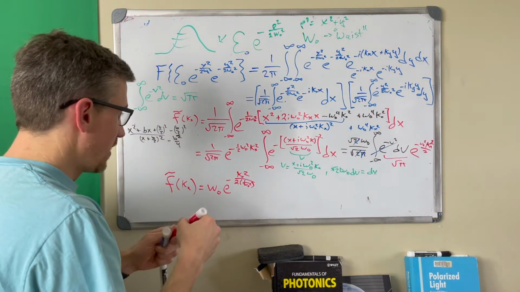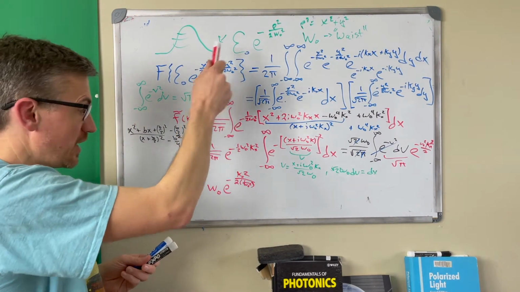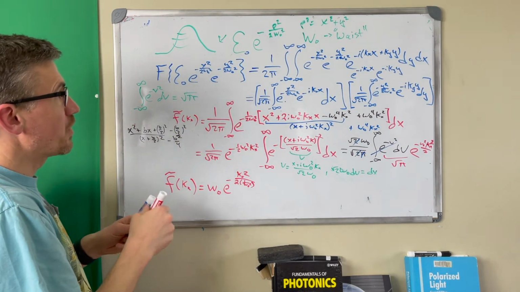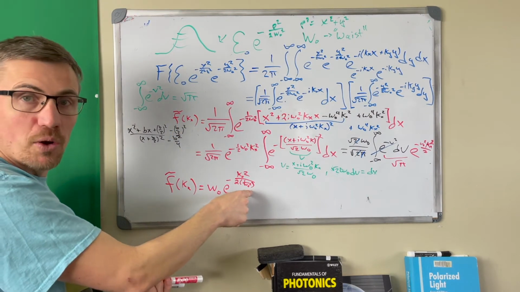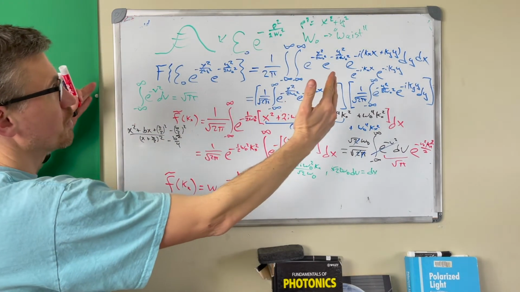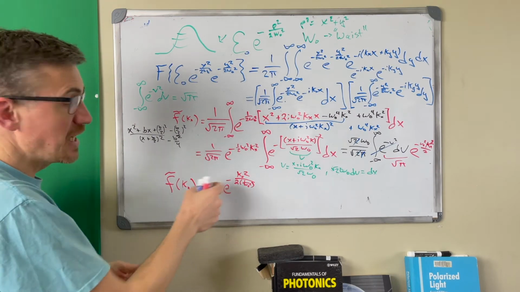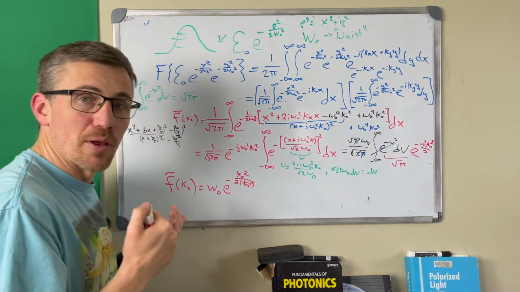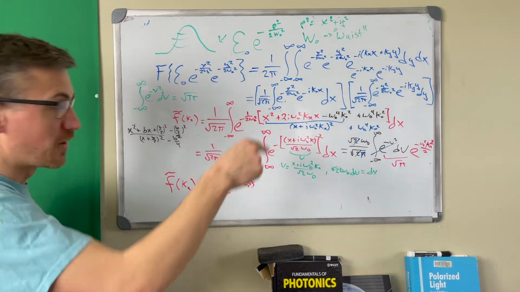Okay? This is actually just another Gaussian. The Fourier transform of a Gaussian function is a Gaussian. The width of this is w naught squared. The width of this one, if we look at it, is 1 over w naught squared. It's inversely proportional. So the wider the Gaussian comes in space, the narrower it becomes in k space.